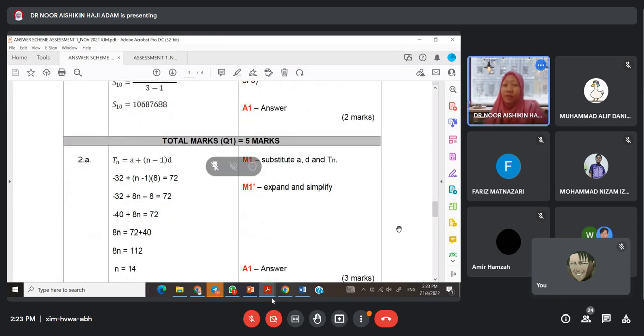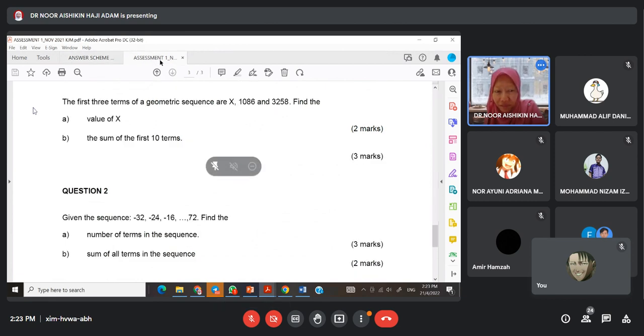Betul. Betul tak kelas? Betul. You dapat 14. Banyak. Any question about this question? This problem? No. Why do we use this formula and not Sn? Why do we use Tn?